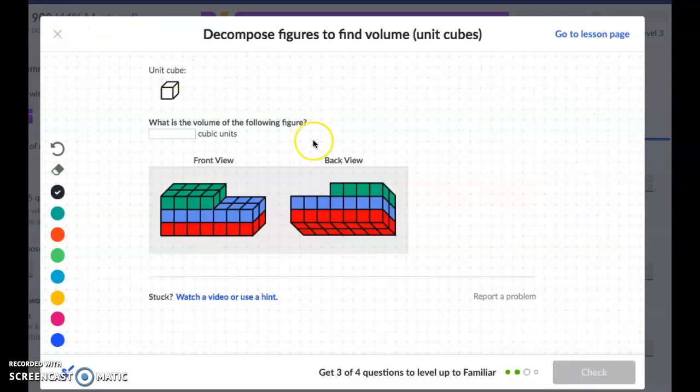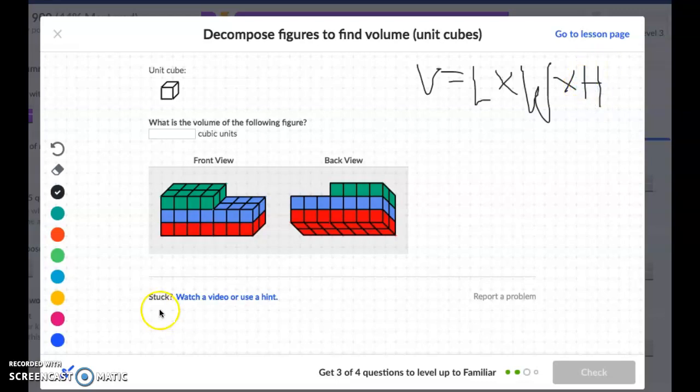What is the volume of the following figure? Again, I can see that the green is its own separate little section. It doesn't cover everything here. So I'm going to go right back and work on that volume equals length times width times the height. I'm just going to focus on the blue and the red because those ones do make a full rectangular prism.